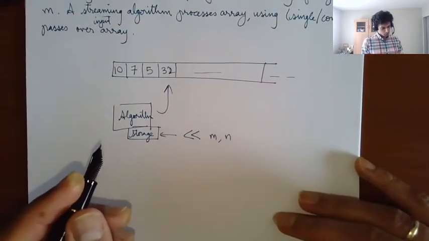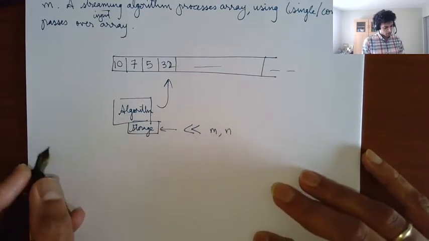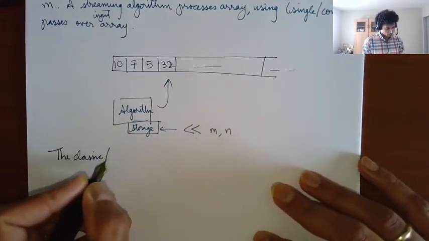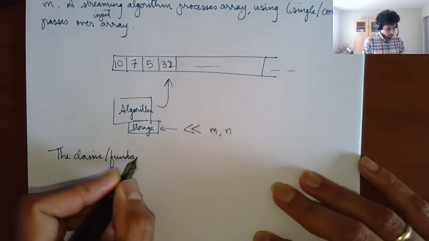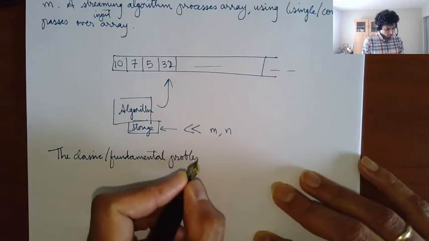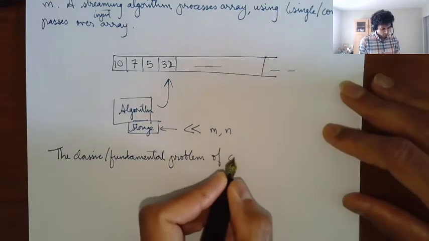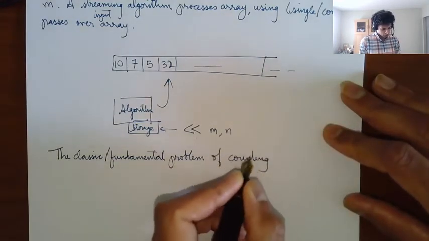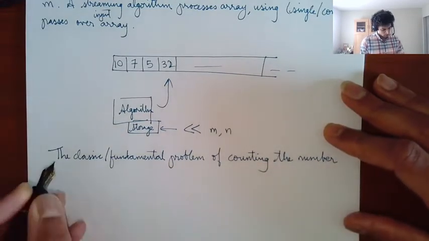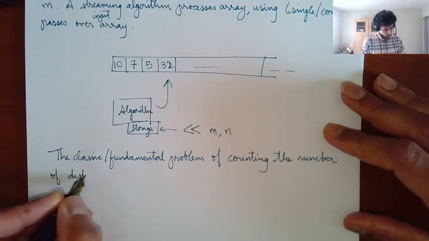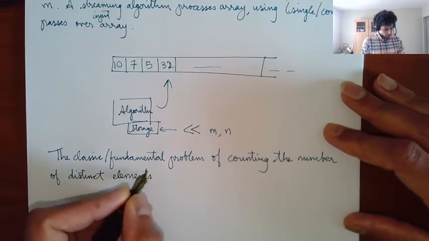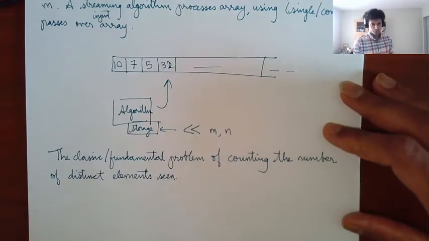And so we will look at one of the oldest, classic fundamental problems: counting the number of distinct elements seen.